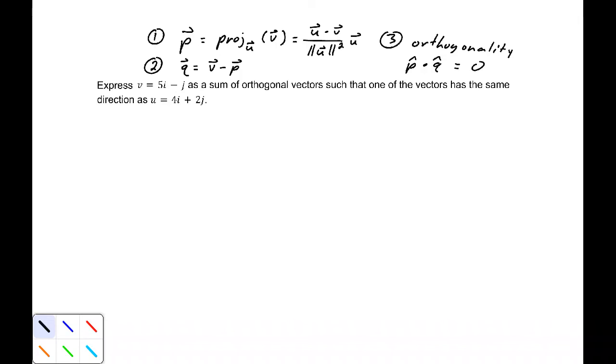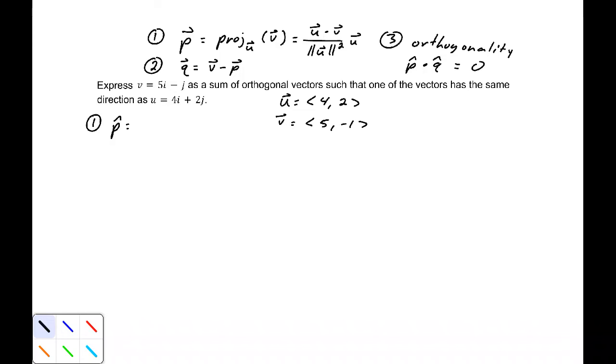So let's begin. Step 1, we're finding our projection, vector p. Based on that definition, we need to find u dot v, as well as the magnitude of u. Let me write over here in component form, u equals 4, 2, and v will be equal to the vector 5, negative 1.